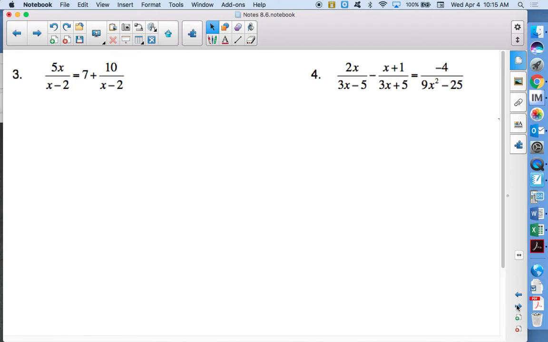So number 4, we have a fairly large equation: 2x over 3x minus 5, x plus 1 over 3x plus 5, and then negative 4 over 9x squared minus 25. See if you can start the problem. So this is the last one. It should be the last page of your packet.